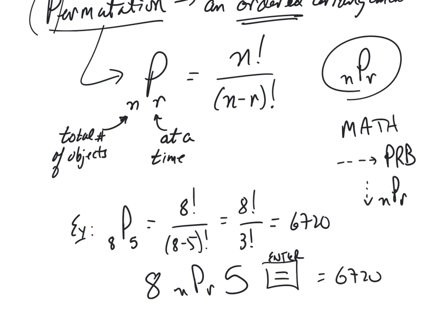So from now on, whenever we need to do a permutation or any of the future formulas, feel free to use the function on your calculator or the formula that I give you in class.